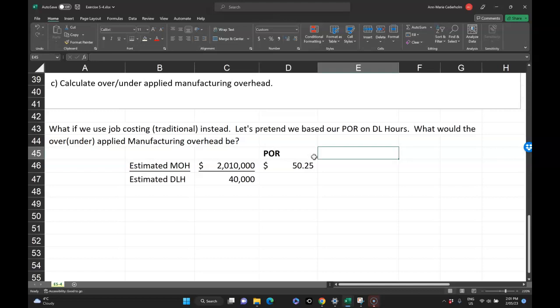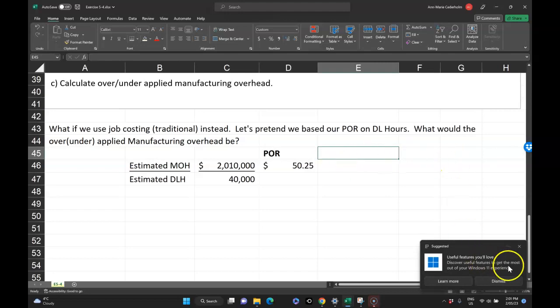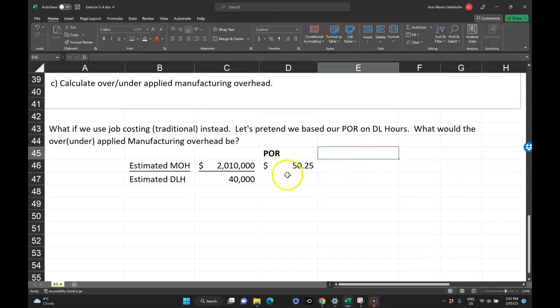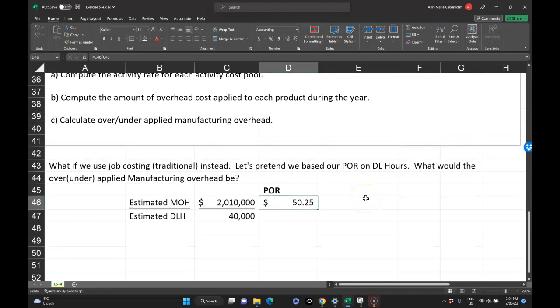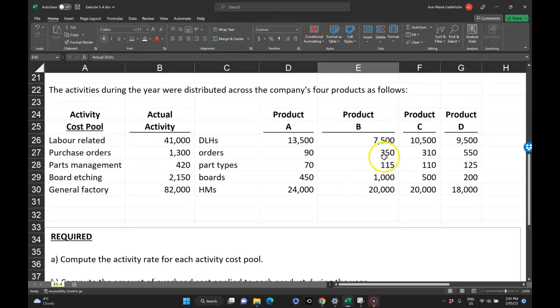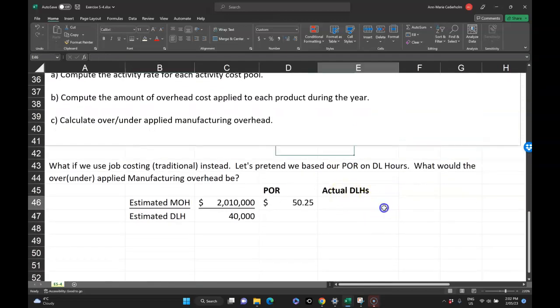So now what I'm going to do is multiply that by the actual labor hours. So let's see, actual direct labor hours. So if I look at my actual activity, it's 41,000. So I'll just use 41,000. So my applied manufacturing overhead, so I'm just doing this for total.